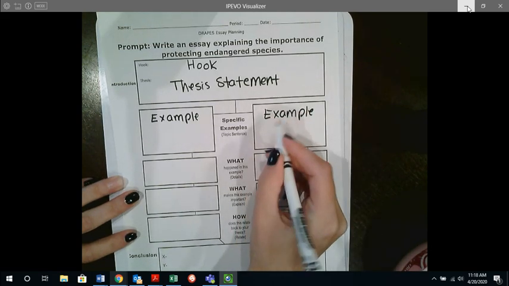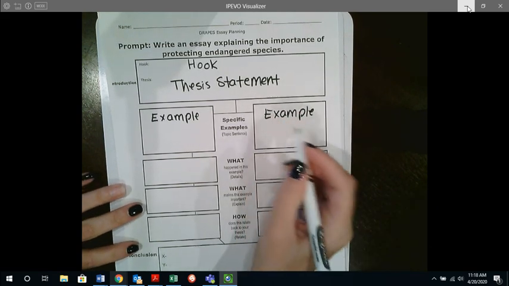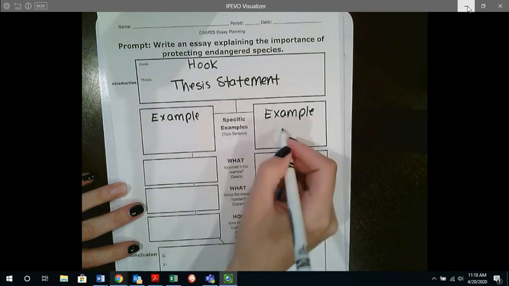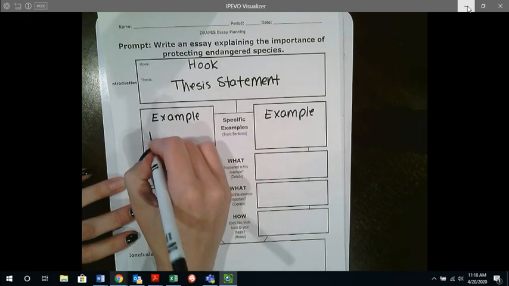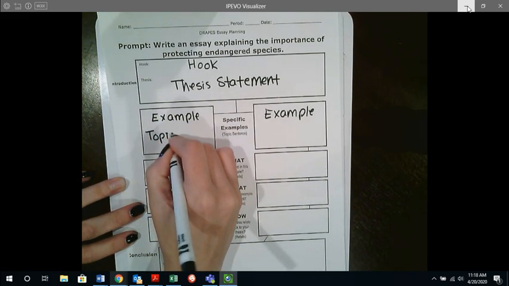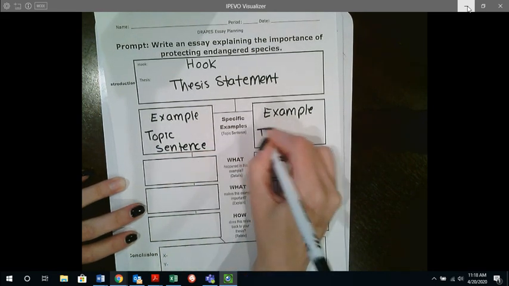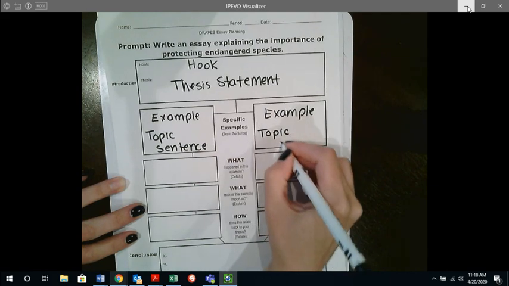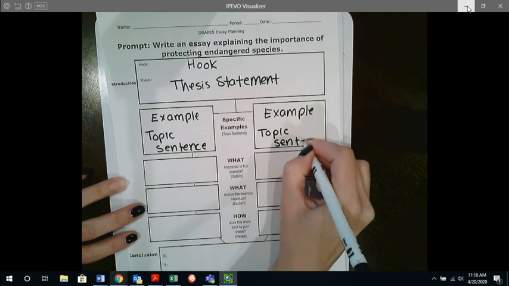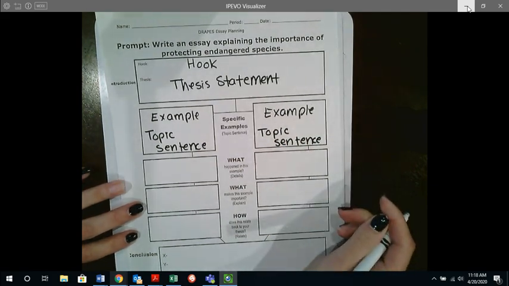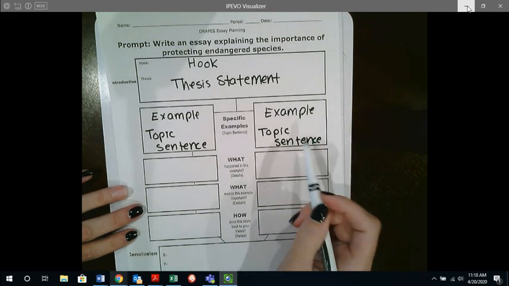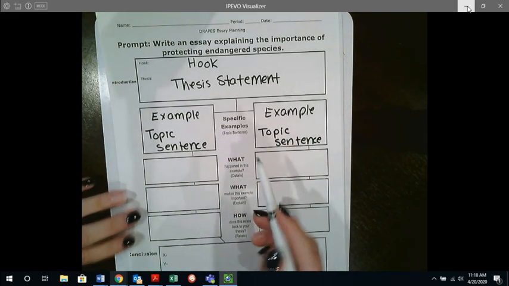Our examples can be books, it can be movies, it can be anything that we use from our personal life. And this first example will be in a complete sentence, and this is also known as your topic sentence. Your example that is very specific that you choose for your essay is going to be the topic sentence of the body paragraph, because it introduces what you're going to be talking about in that entire paragraph.